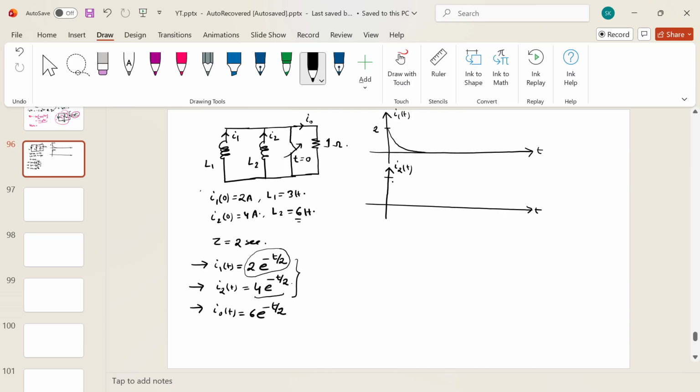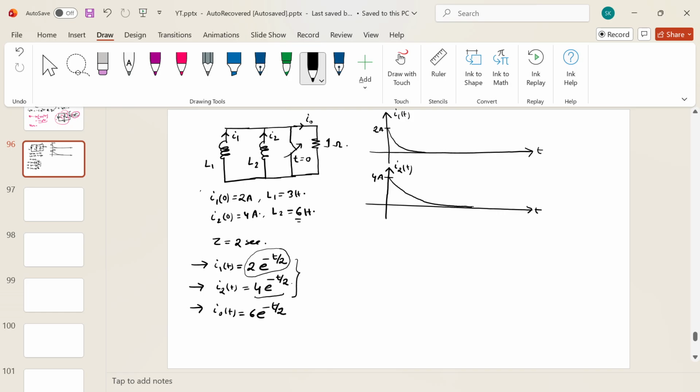Because 4 ampere needs more time to become zero. At infinity only will both quantities become zero, but this 4 ampere will take much more time, because one needs to go from 2 ampere to 0, and now this needs 4 ampere to 0. So definitely this particular current I2 of t will take more time.